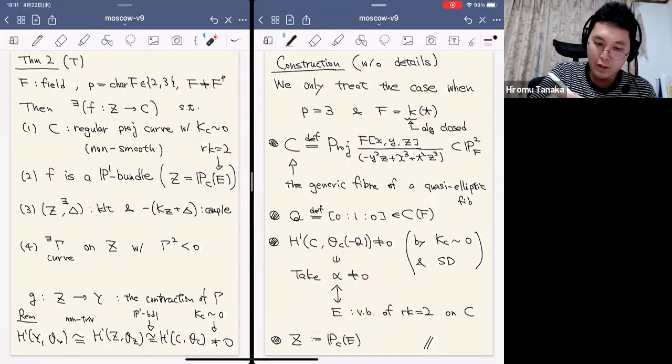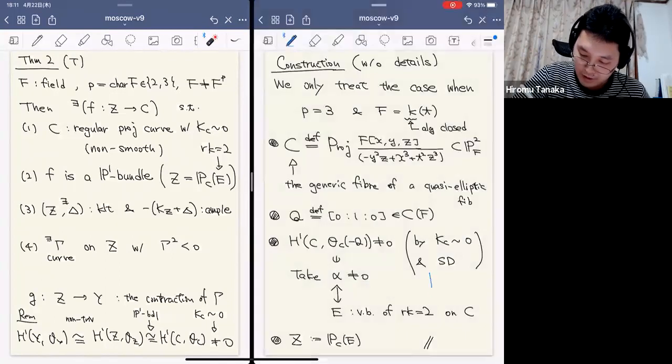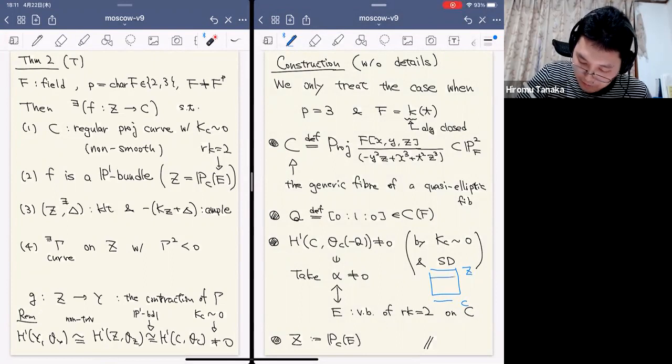If we take this kind of element, then the resulting P1 bundle has this kind of property. So we have Z, which is a P1 bundle, and we have C. Then we have some section and other multi-section, which is maybe denoted by C minus, which has P21 purely inseparable cover.